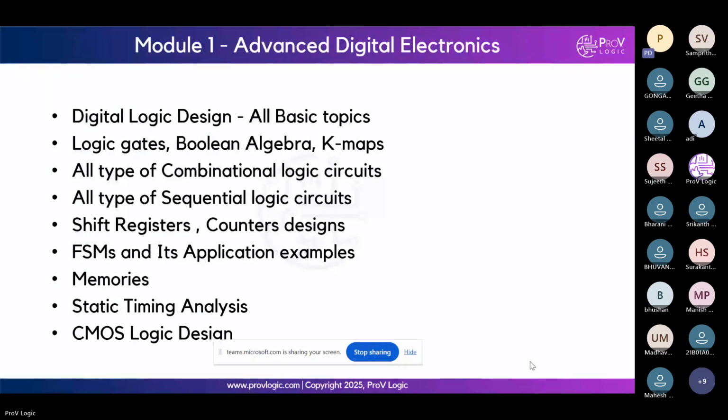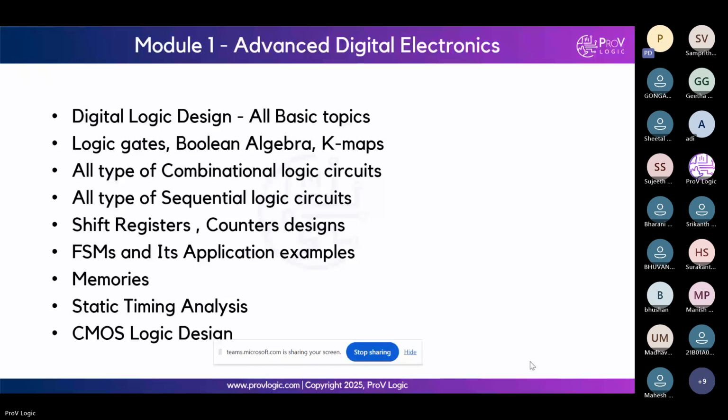Okay, so in module 1, these are the topics that we will be discussing. Digital logic design, all the basic topics like Boolean algebra, Karnaugh maps, all of that, and all types of combinational logic circuits. Combinational logic circuits means your gates, and then sequential circuits, all the latches, flip-flops, types of flip-flops, how to derive one flip-flop from another flip-flop, all of those combinations of derivation of flip-flops, we will be discussing that.